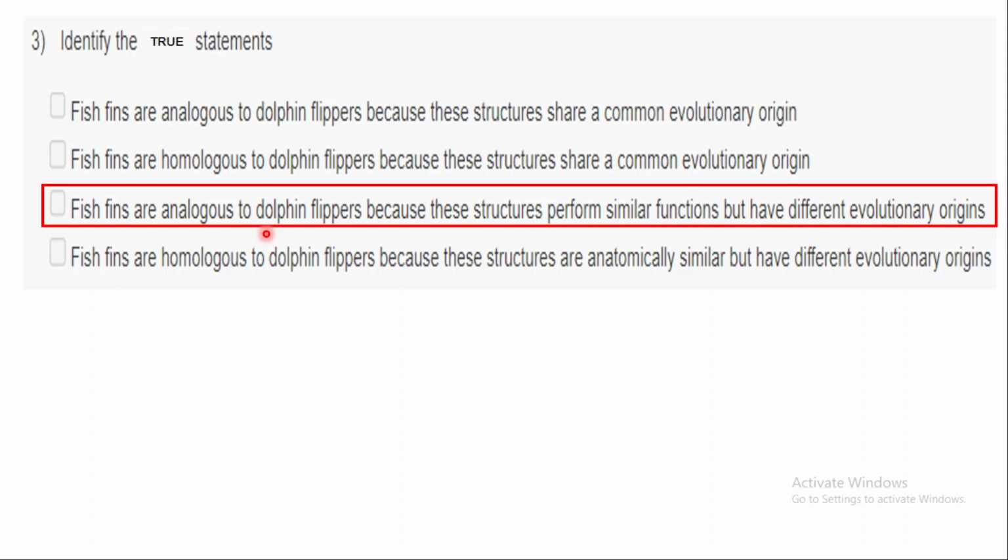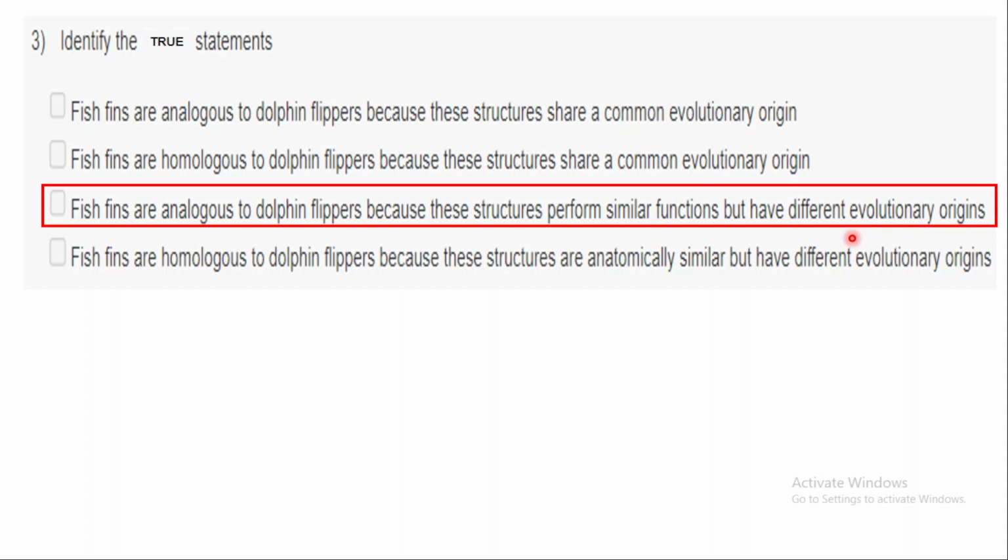Dolphin is a mammal, which is very different from the bony fish. So fish are analogous to dolphin flippers because these structures perform similar functions but have different evolutionary origins. Just now I said that fish and dolphin are of different evolutionary origins because dolphin is a mammal, as you guys all know.